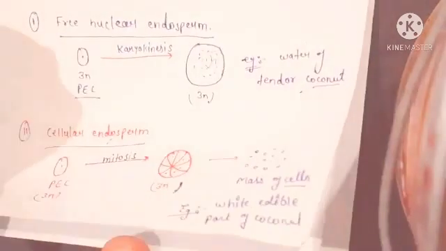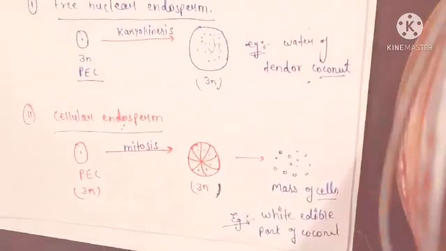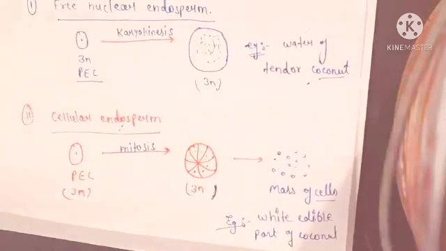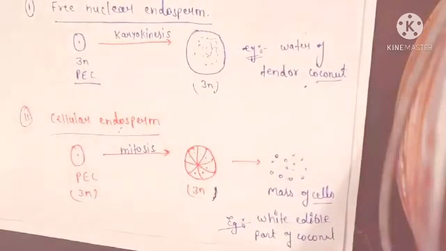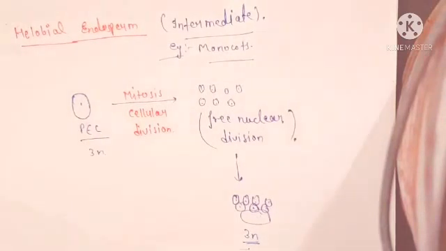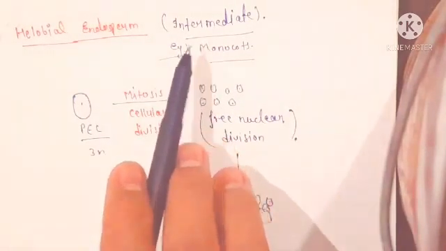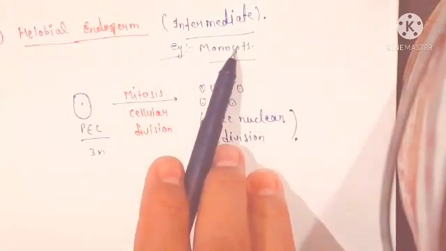First is free nuclear endosperm, second one is cellular endosperm, and third one is helobial endosperm. It is also called intermediate, for example in monocot. How is it formed?